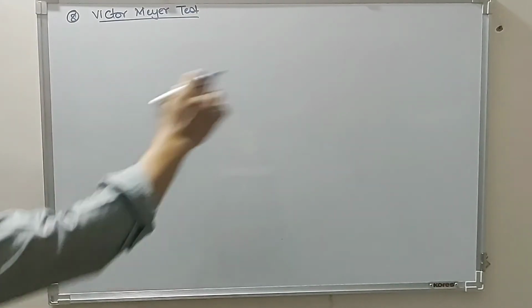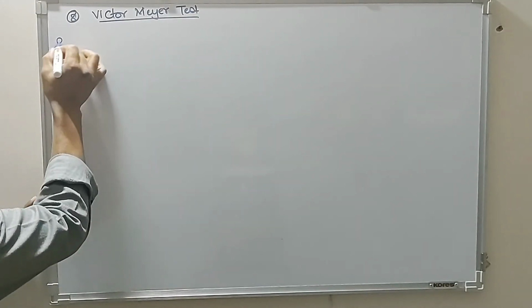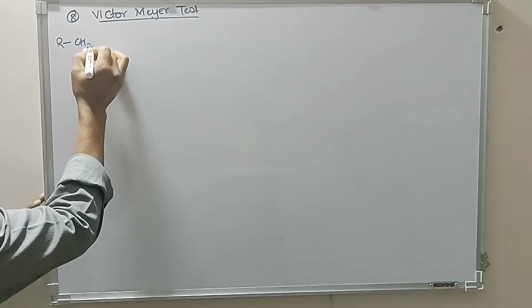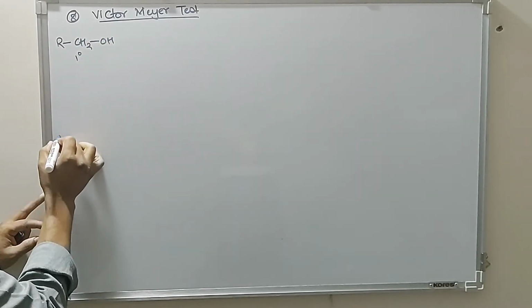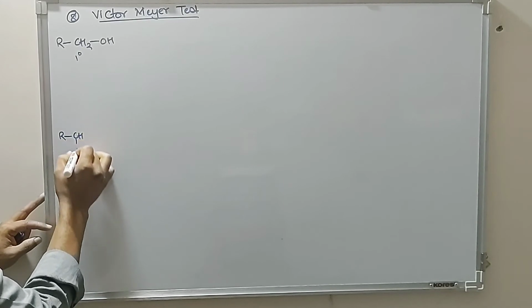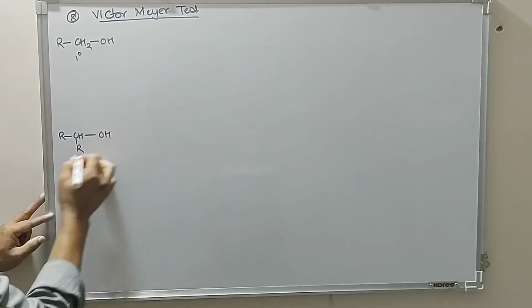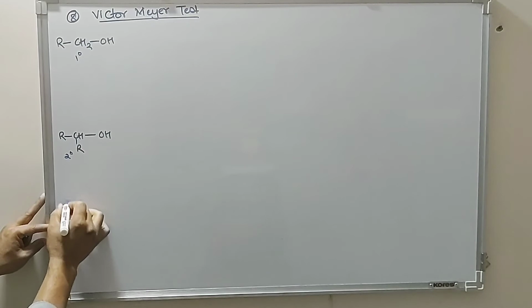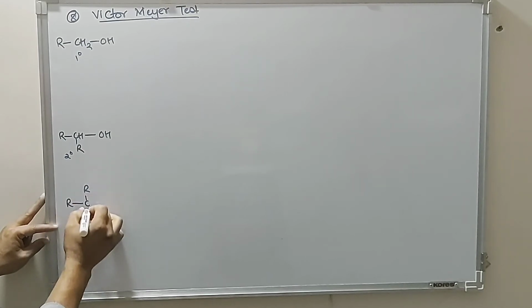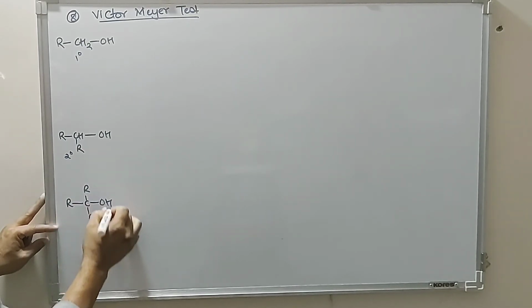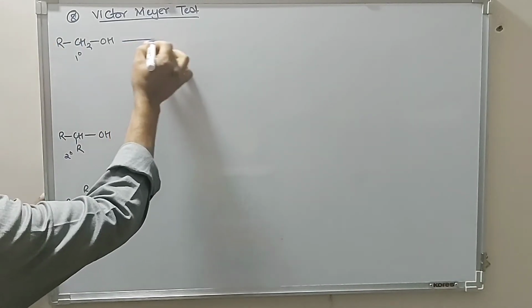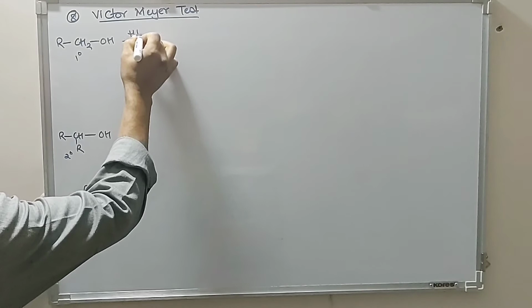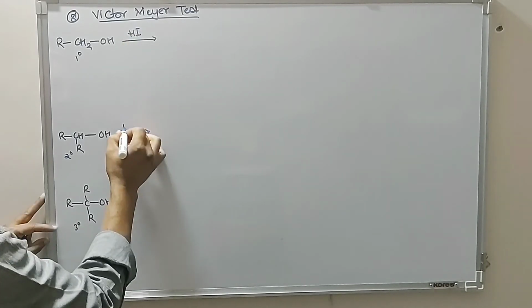So I'll give you the reaction sequence. So we have this RCH2OH, this is primary. We have RCHROH, this is secondary. RCRROH, this is tertiary. So in the first step of this reaction, this reacts with HI.